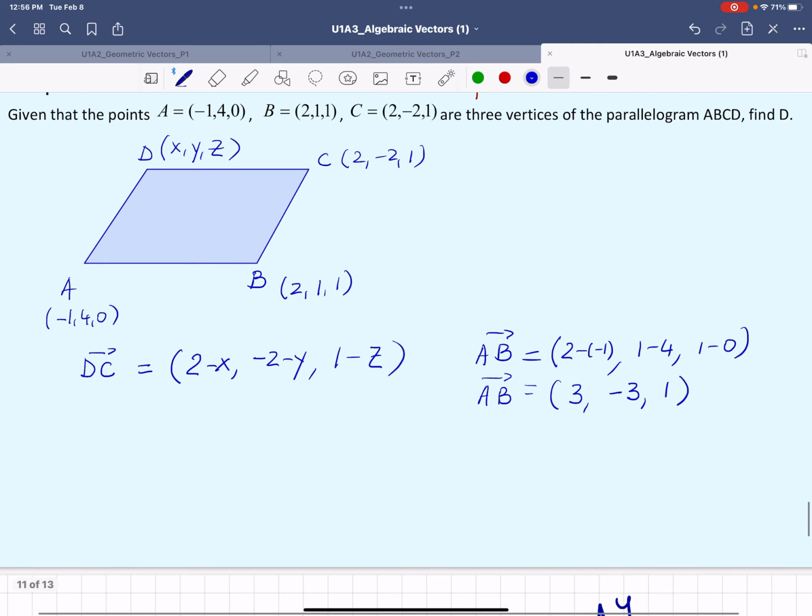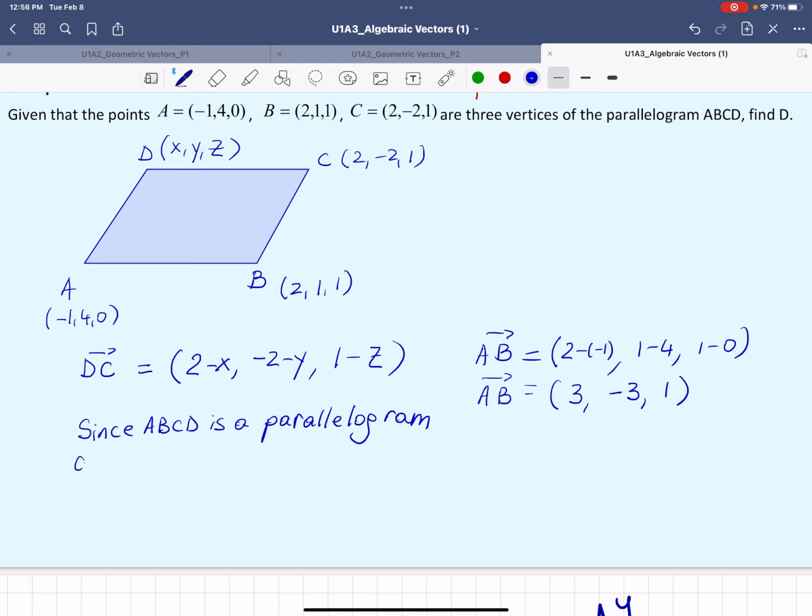Then we're going to say that since ABCD is a parallelogram, then the corresponding position vectors must be the same, or equal. So we'll say that vector DC equals vector AB.